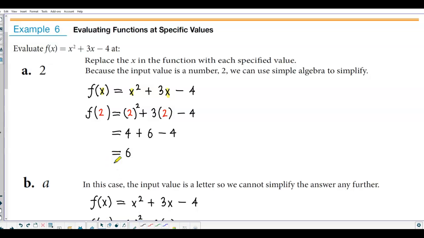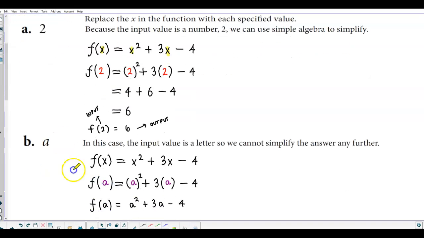Then we can say that f of 2 is equal to 6, where 6 is the output and 2 is the input.